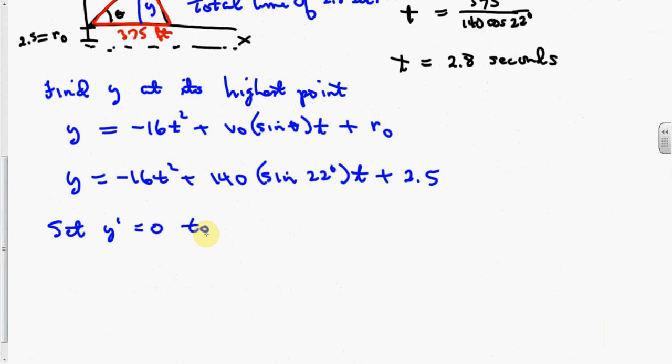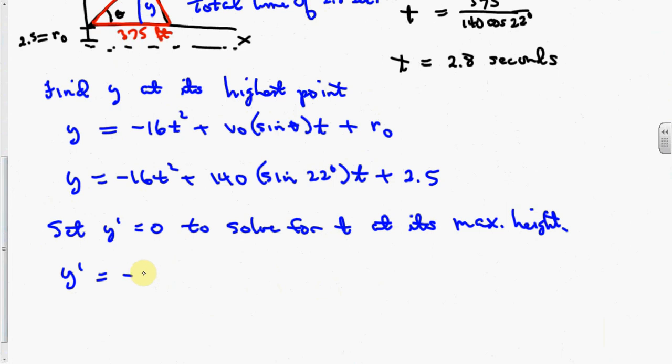So let's see. Here we set y prime equal to 0 to solve for t at its maximum height.